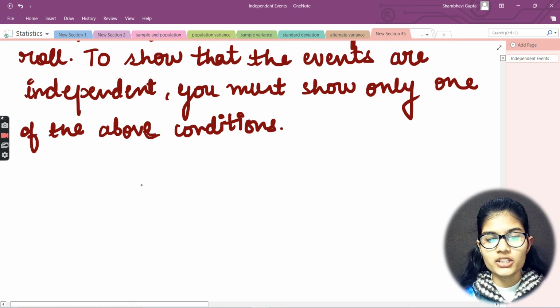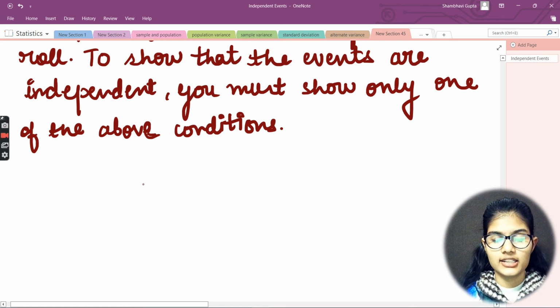If two events are not independent, then we say that they are dependent.